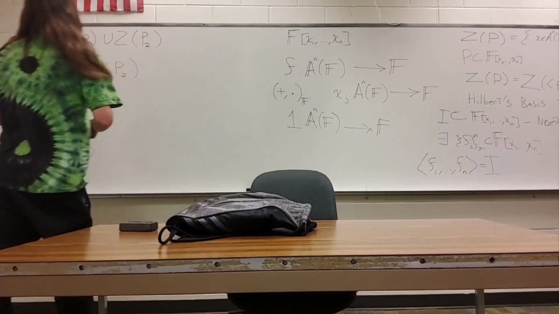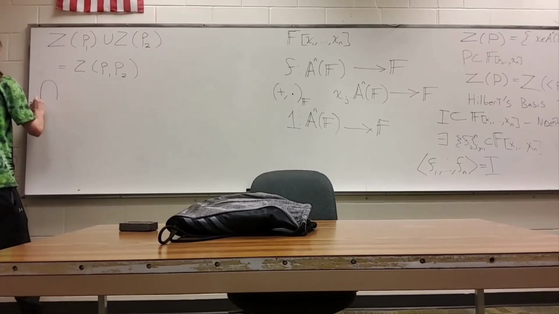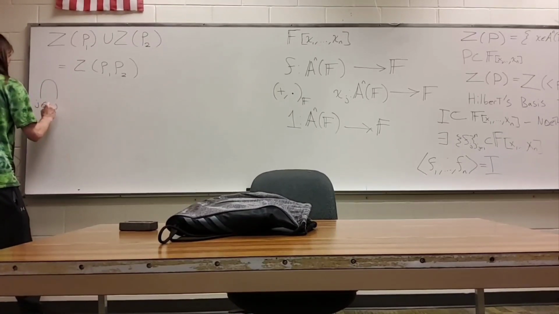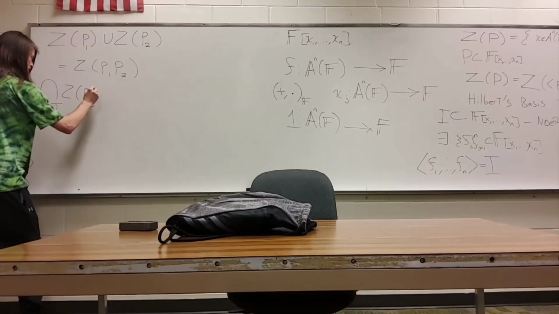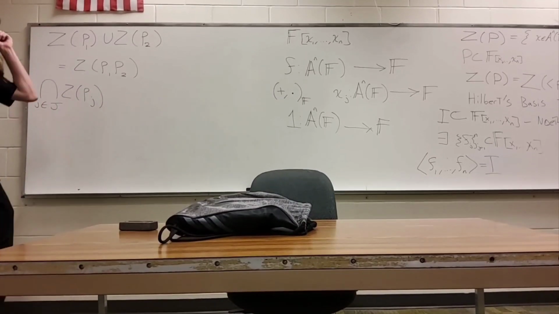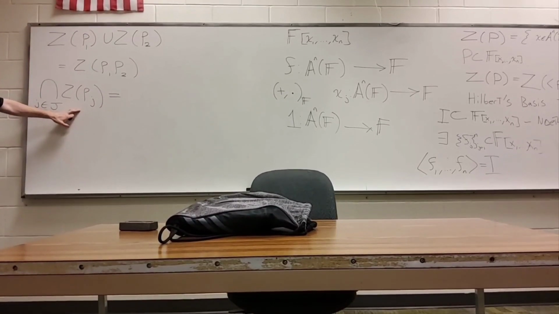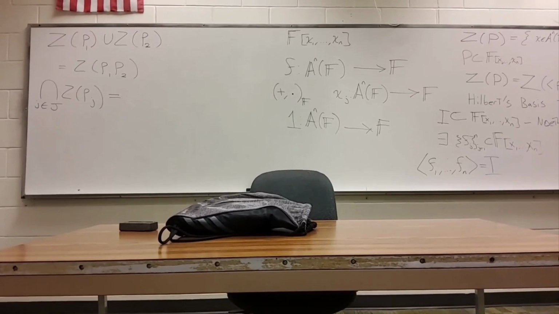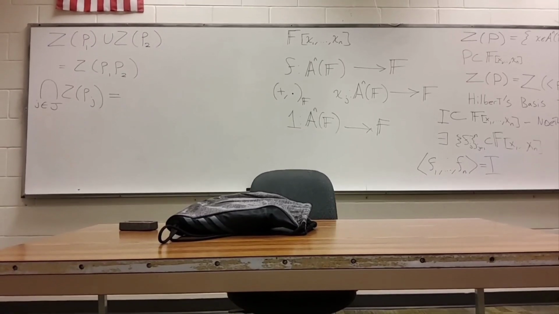Okay. What about intersections? So arbitrary intersection. Okay, and so let's think about this. We have a bunch of different zero sets of polynomials, and we want to find the set of polynomials that will give us their intersection, the one where all of the polynomials are 0.